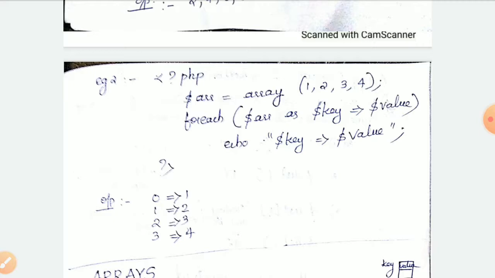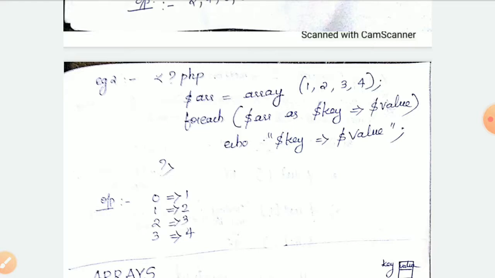In the second iteration $key is 1 and $value is 2. So the output will be like this: 0 arrow 1, 1 arrow 2, 2 arrow 3, and so on. It will display the index as well as the value.